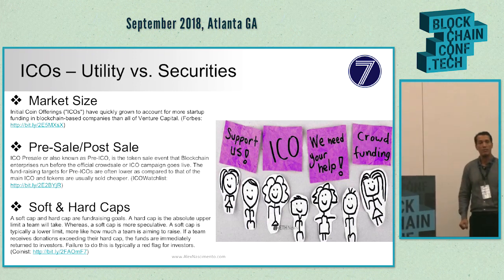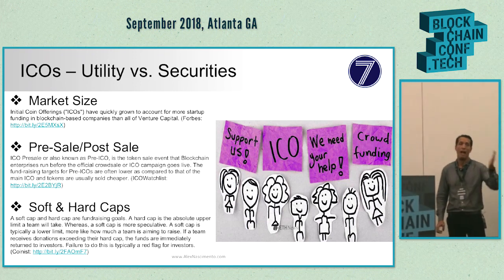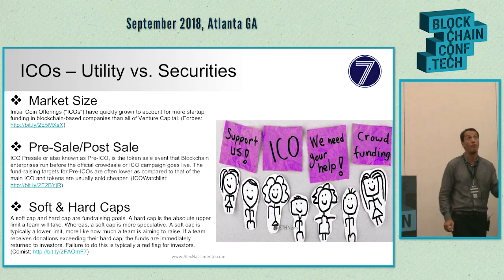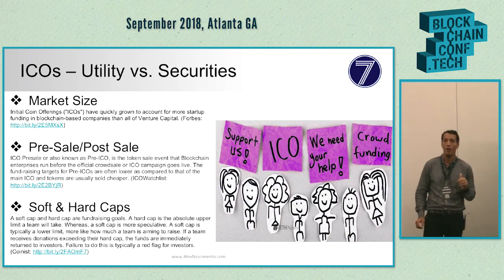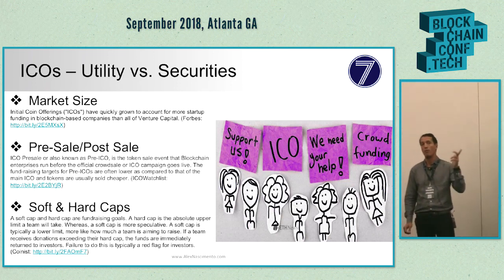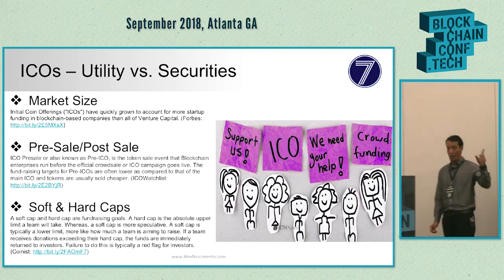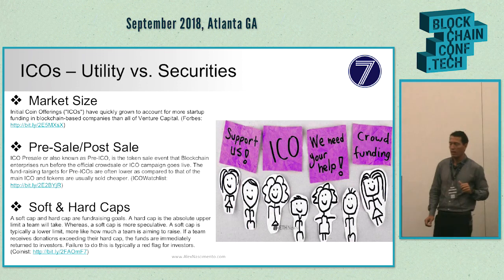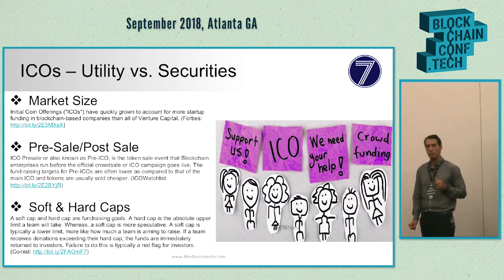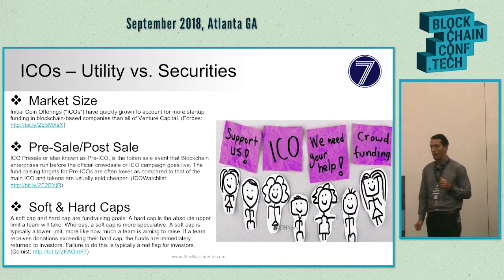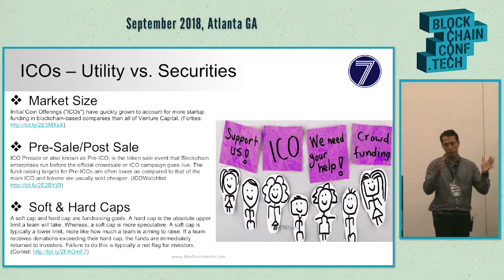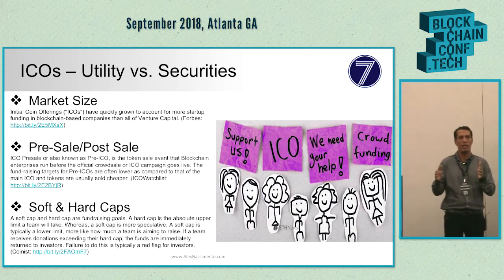But the market size continues to grow. In the first quarter of 2018, we had more than double the amount raised in 2017 in ICOs. So although we are in a bear market, the industry of ICOs continues to grow, right? You have all these structures of pre-sales and post-sales.